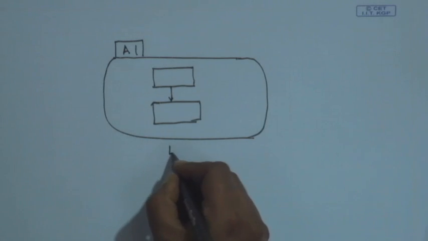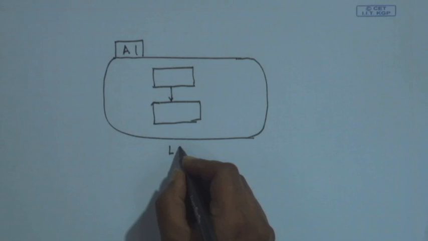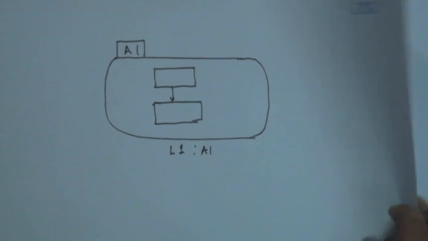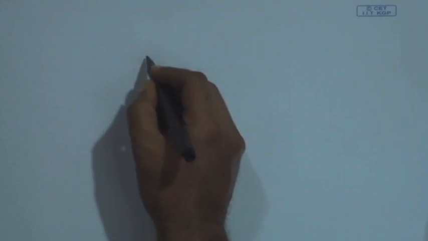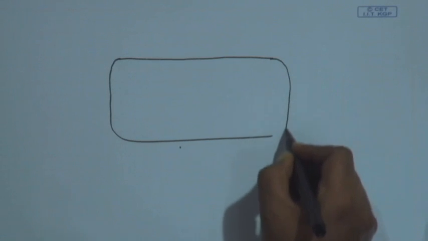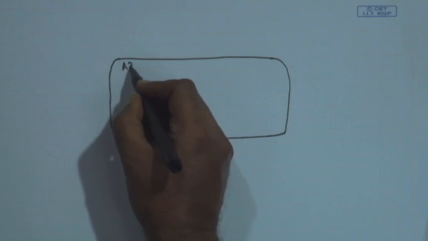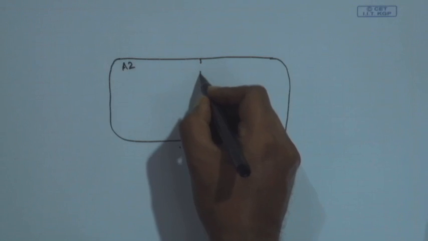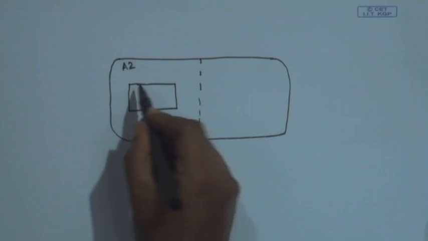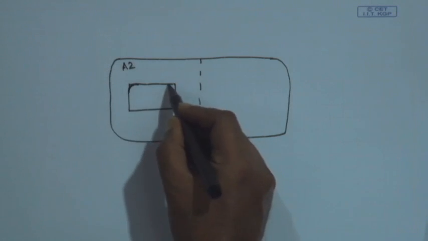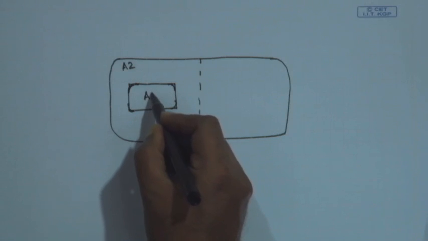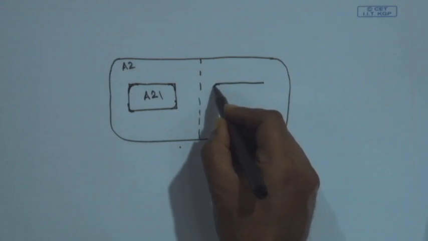Here it is L1 showing A1. I can similarly show A2 to be something like this, where further I can say A2 is again a concurrent behavior of A2 1 and A2 2.